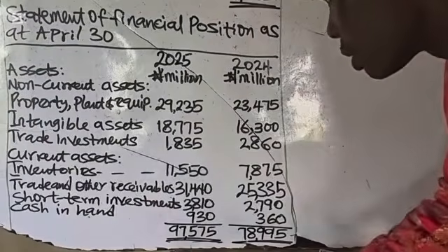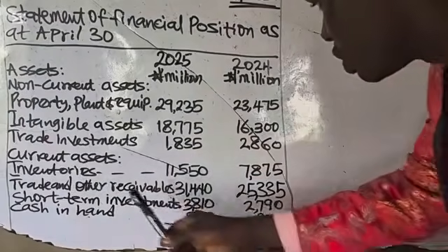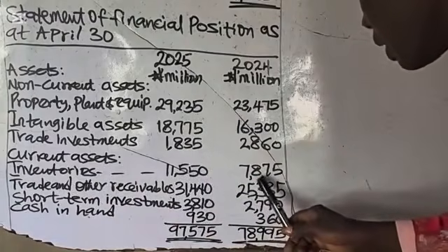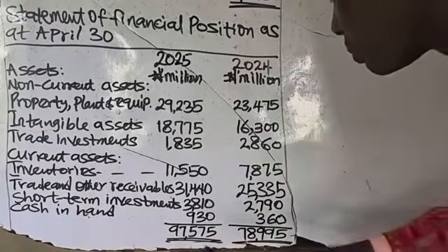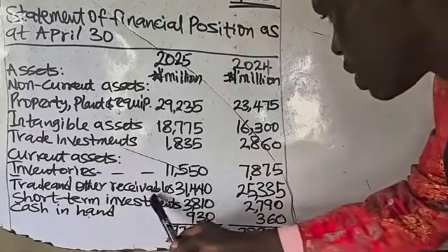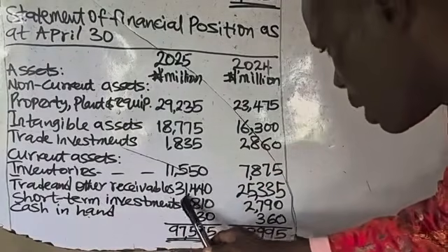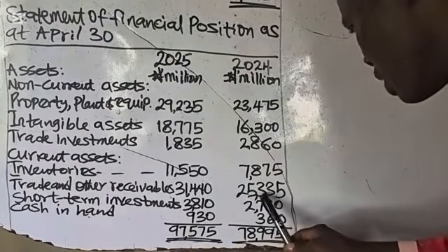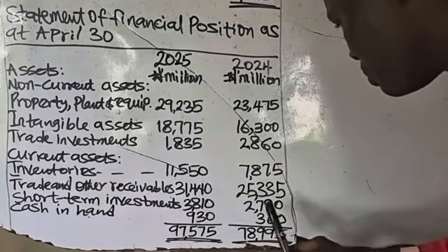Current assets include inventories 11 billion 550 million for 2025, 7 billion 875 million for 2024. Trade and other receivables 31 billion 440 million in 2025 and 25 billion 335 million in 2024.